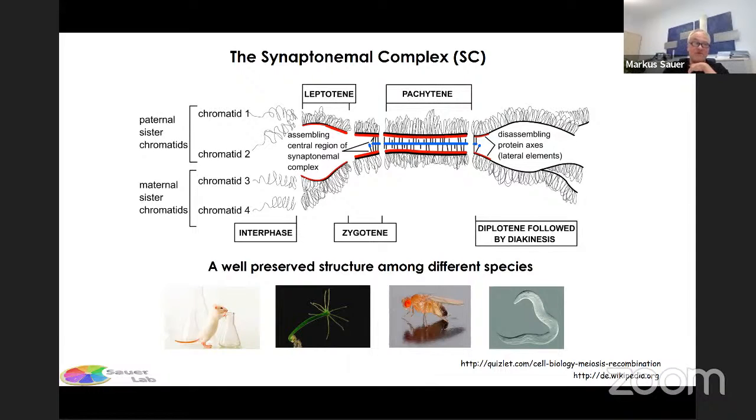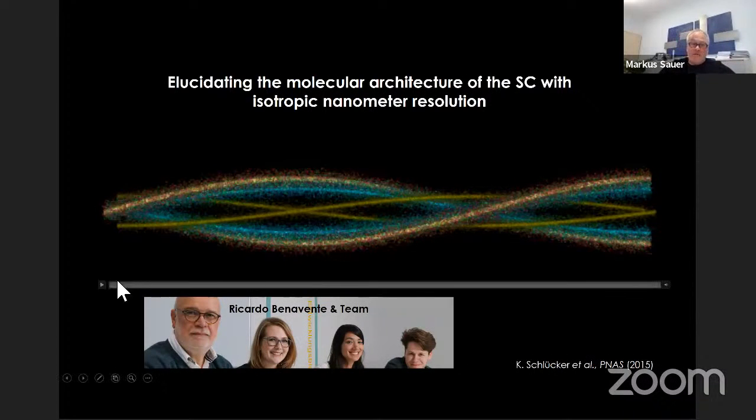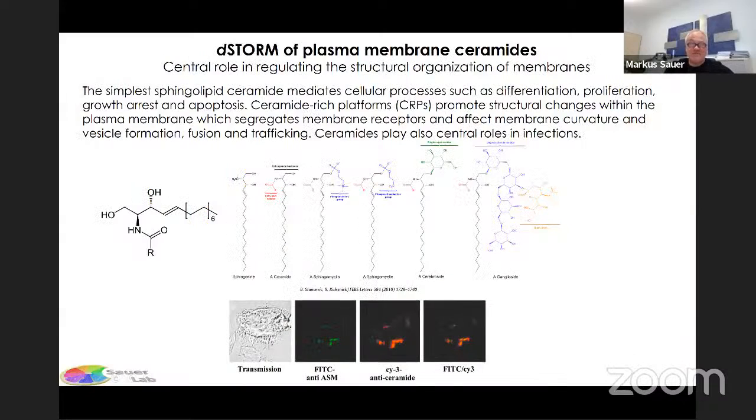So we labeled all these proteins and did combinatorial dSTORM experiments and could finally come up with a 3D structure of the synaptonemal complex together with the group of Ricardo Benavente, and could demonstrate that it basically forms a helix in a helix structure.